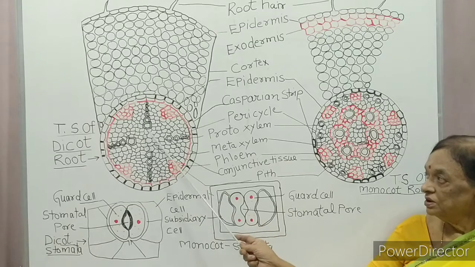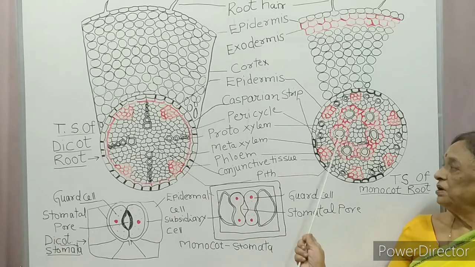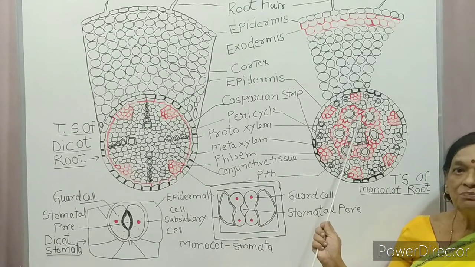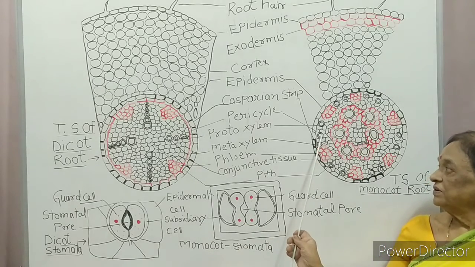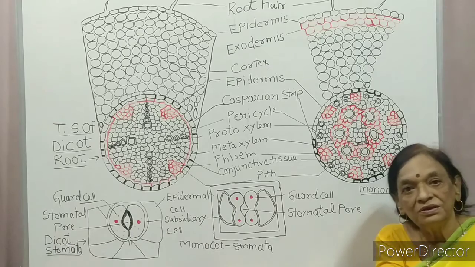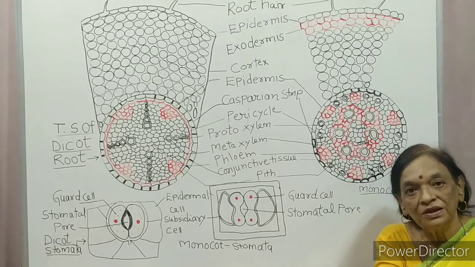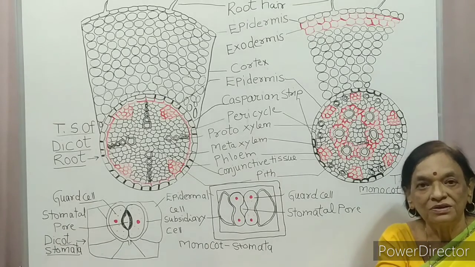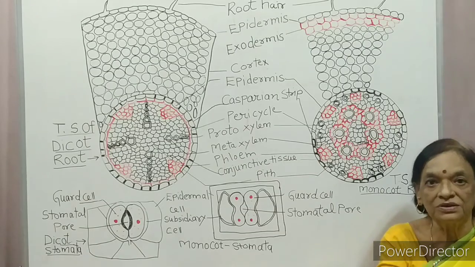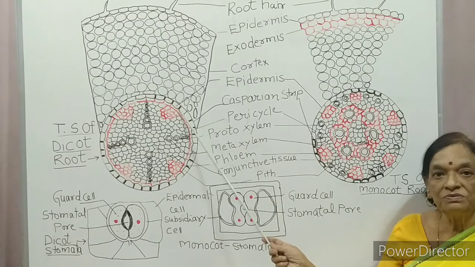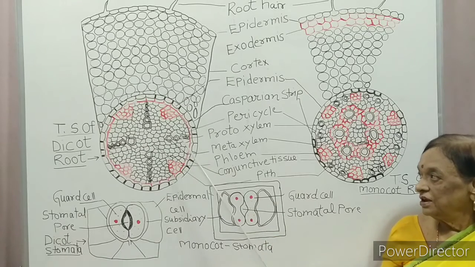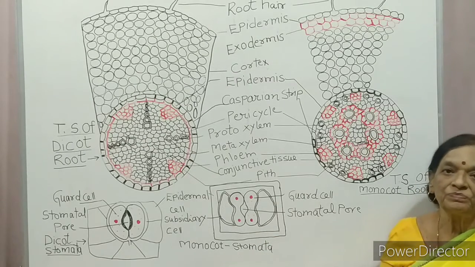In both roots, metaxylem, big xylem, is towards the pith and small xylem is towards the periphery. It is called exarch protoxylem. So these are the similarities: unicellular root hair, endodermis with Casparian strip, exarch protoxylem.